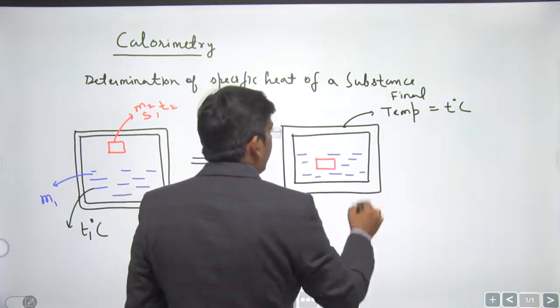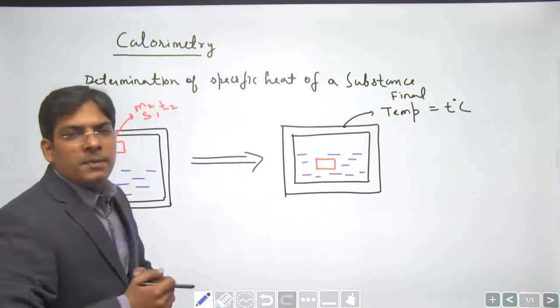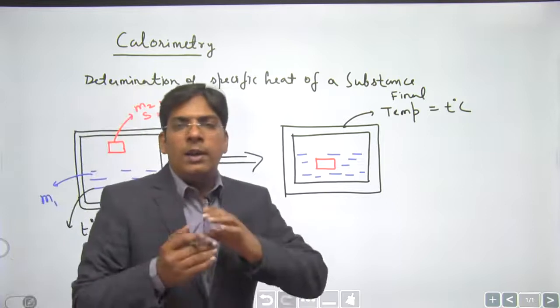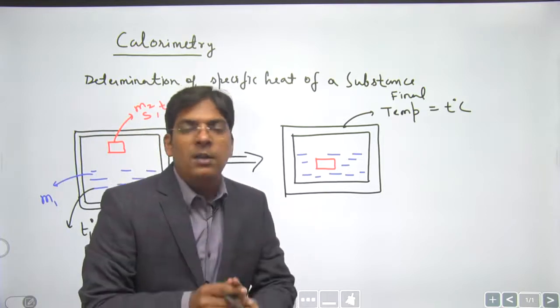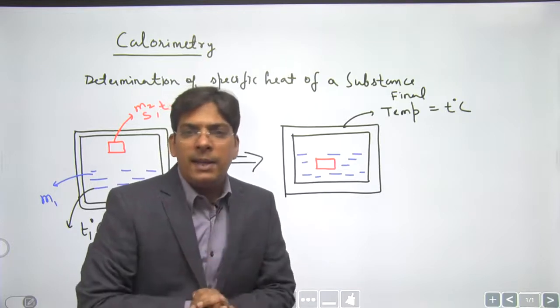Now what do you expect? You expect that the heat lost by this substance is equal to the heat gained by water plus the heat gained by the walls of the calorimeter, neglecting any loss of heat.